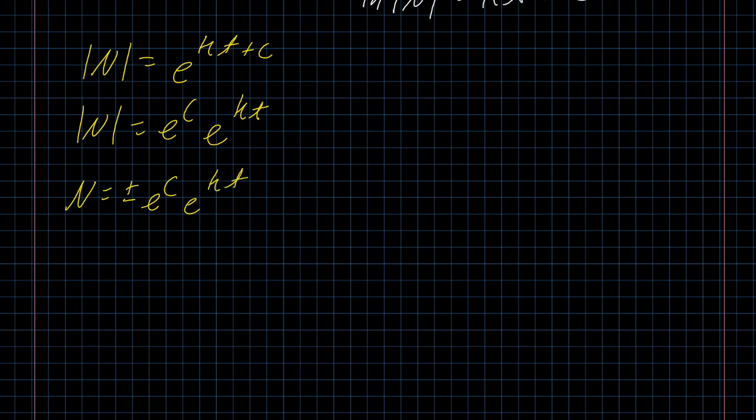I'm going to deal with the absolute value, and I'm going to say that all this stuff in front is an arbitrary constant. In general, we'll call that A, although for reasons that will make a lot of sense in just a moment, it's often written as n sub 0.